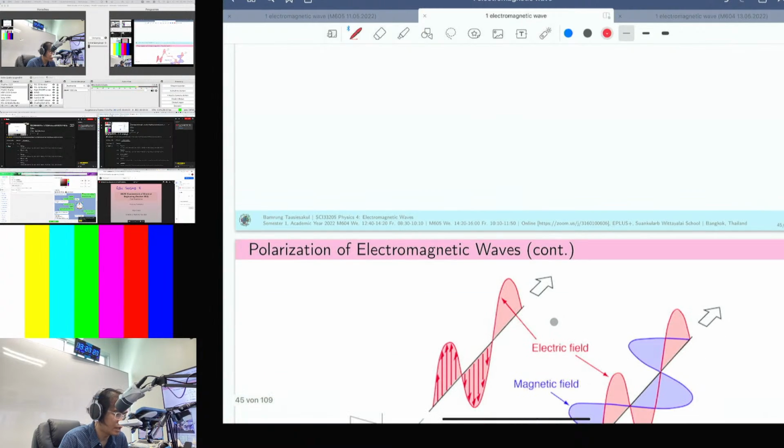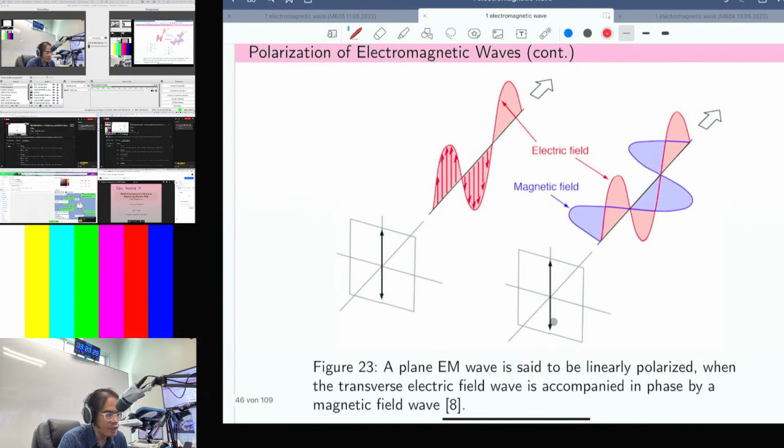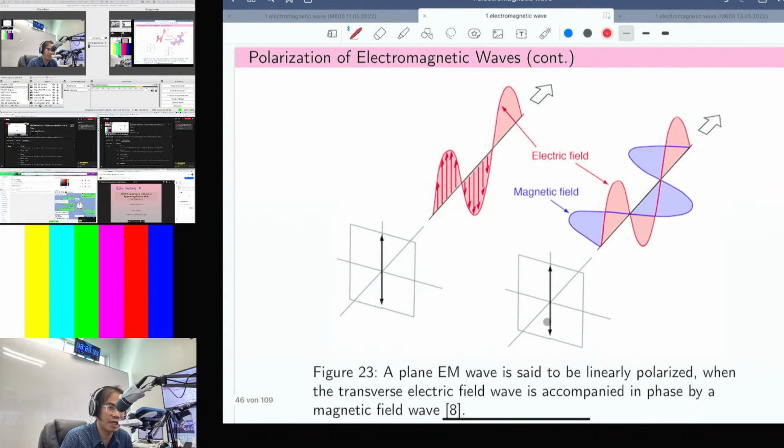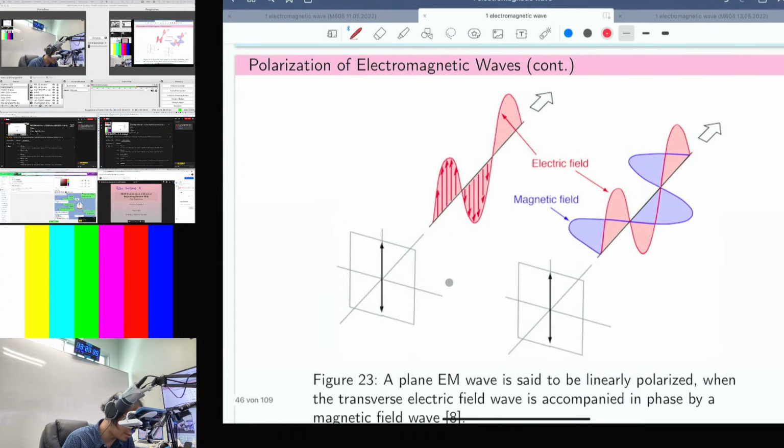And here are some types of polarization arrangements. They use mainly the electric field to represent the category of the EM wave.